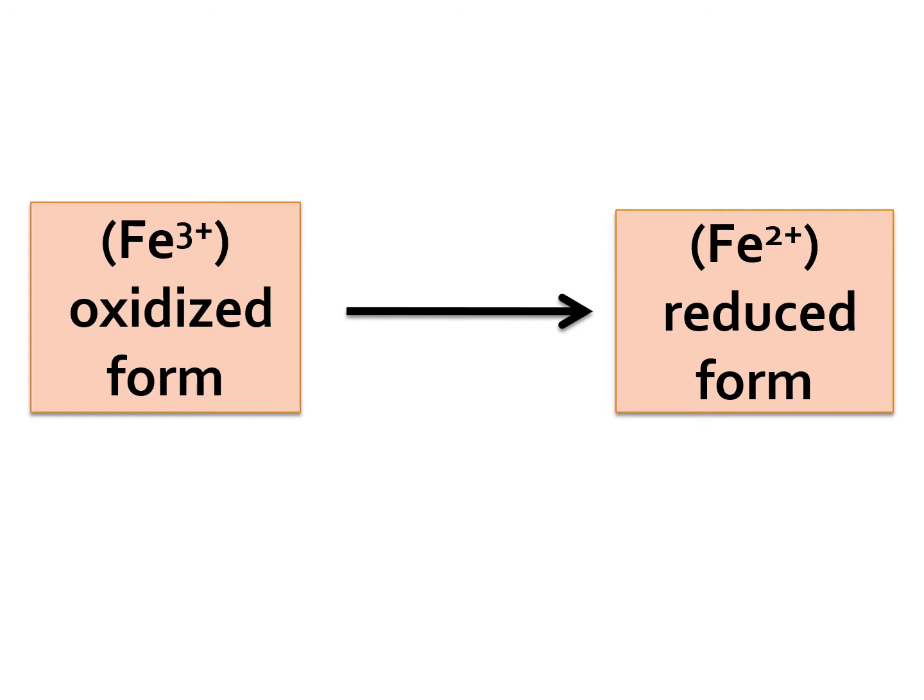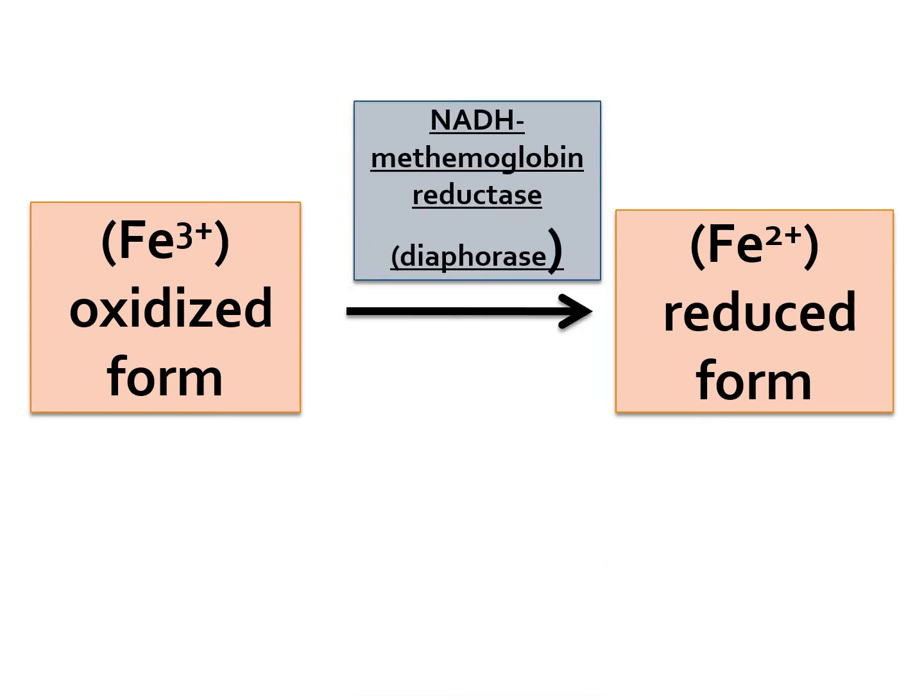In this picture, ferric is the oxidized form, and it will be reduced back to the ferrous form through this enzyme called NADH methemoglobin reductase, or in short, methemoglobin reductase, or the other term, diaphorase enzyme.